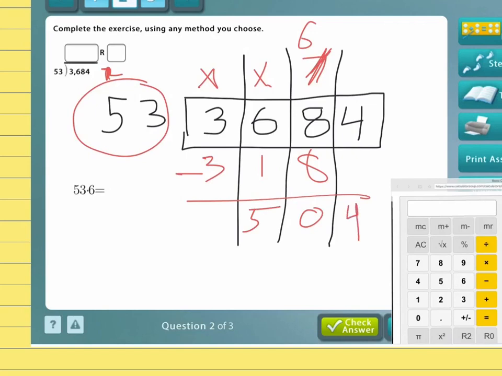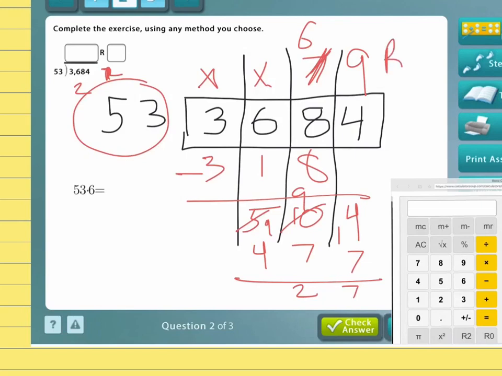Bring down the 4. Again, I'm going to go with 9, because 10 times 53 would be 530, and that would be an overestimate. 9 times 53 is going to equal 477. Subtracting that, I end up with 27 left over. So my quotient is going to be 69 with a remainder of 27.